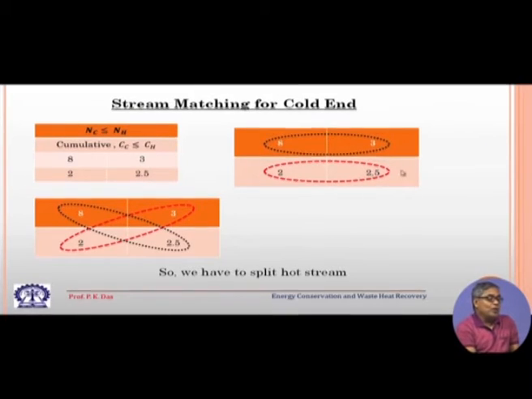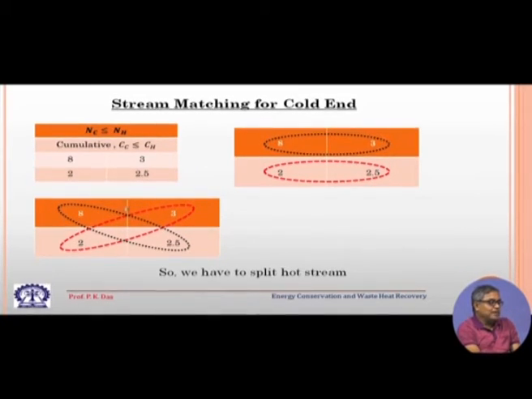So, 2 and 2.5 match, 2 is less than 2.5, but 8 and 3 they do not match. So, this is not possible. Then can we match 8 with 2.5, and 3 with 2?